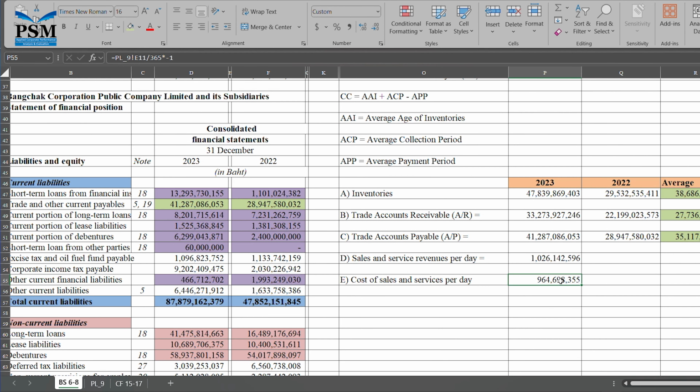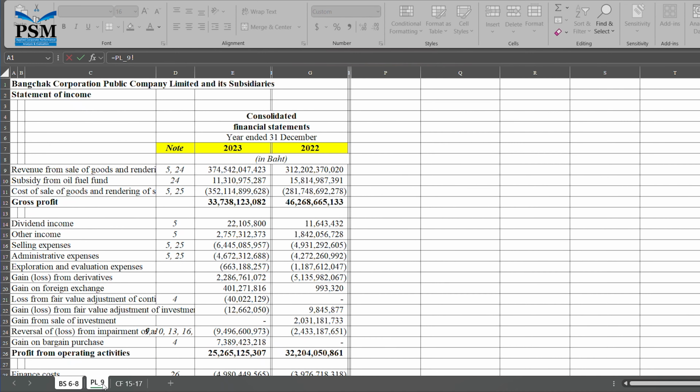I'm going to repeat that. We must have the cost of sales and services per day. So we begin with equal. We take the number from the profit and loss statement. Cost of sales and services, 352 for the year 2023. We divide that number by 365 days to make it per day.